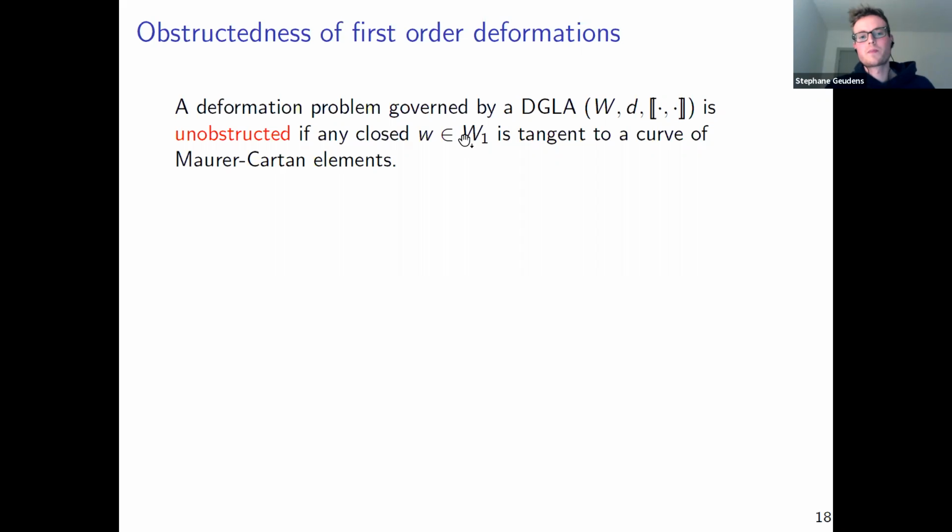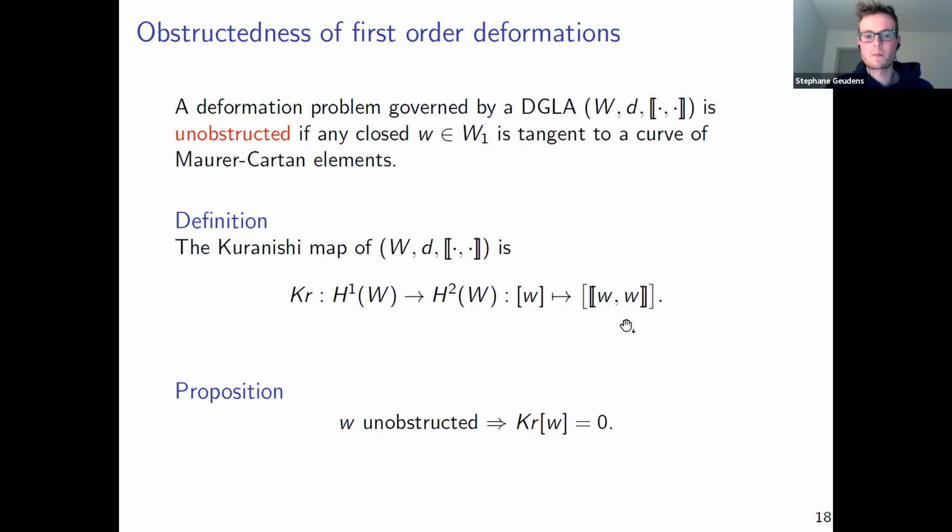So it asks, is any closed element in degree 1 tangent to a curve of deformations? And when that is the case, this tells in a way that the space of deformations is smooth because the velocity vectors to paths of deformations, they form a vector space. So this plays the role of tangent space.